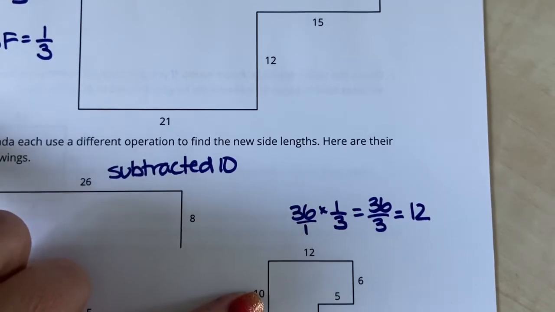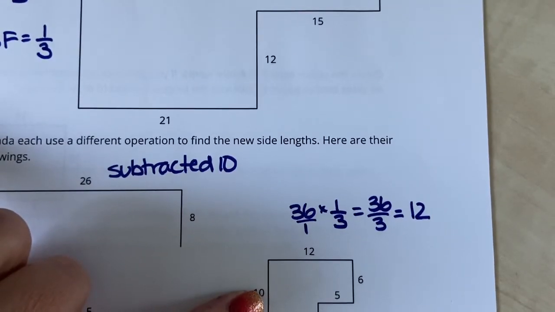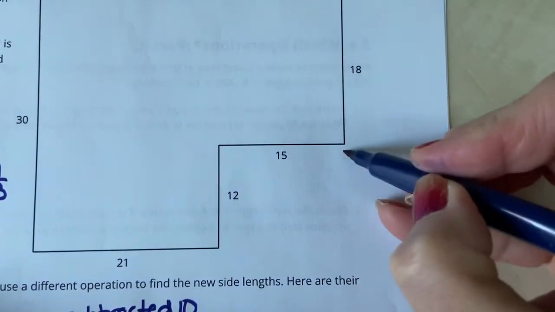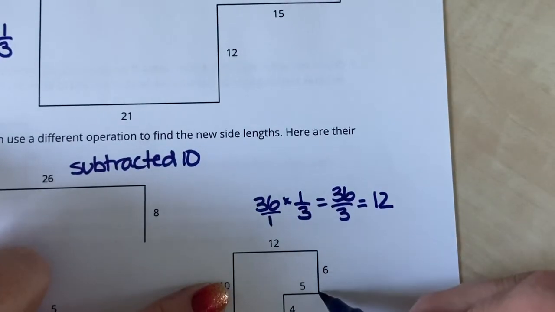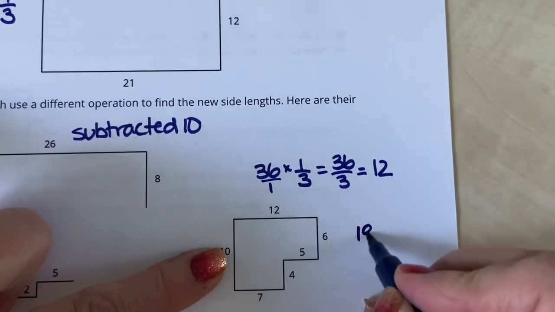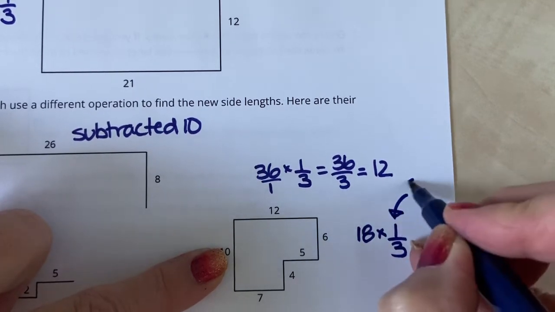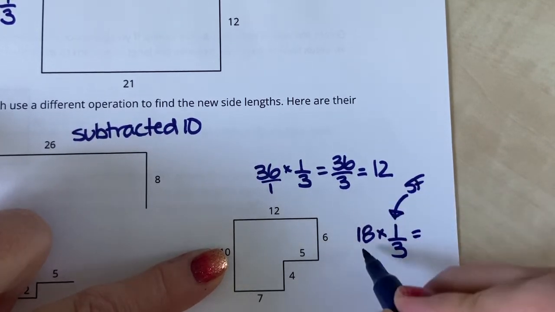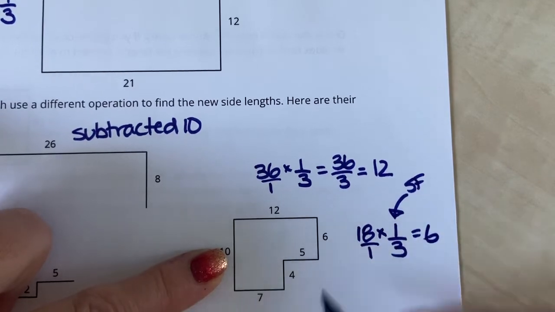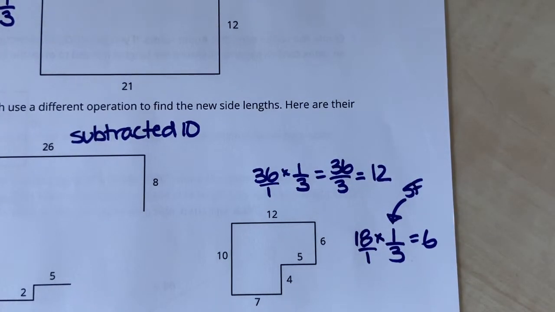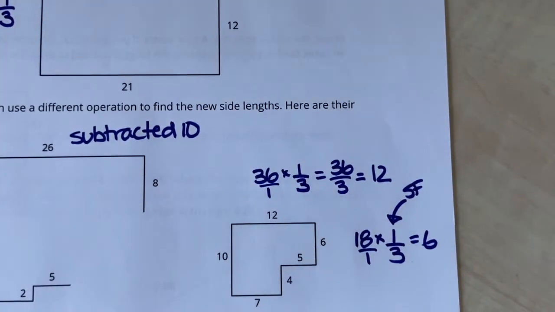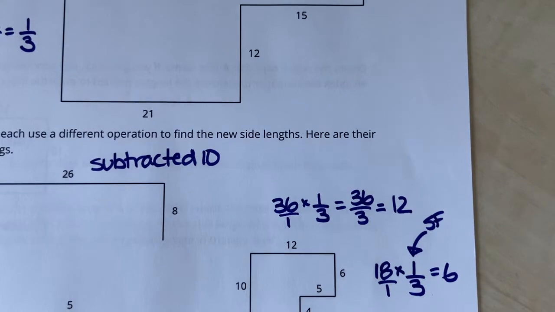So her two sides look like they work, okay? She did 18 divided by 3 and got 6, or 18 times the scale factor of 1/3 gives me 6. So she divided or multiplied by 1/3. They're the same thing. If you divide by 3, it's the same as multiplying by 1/3. This is why hers is a scale copy.